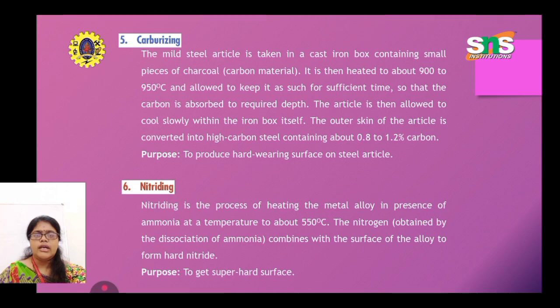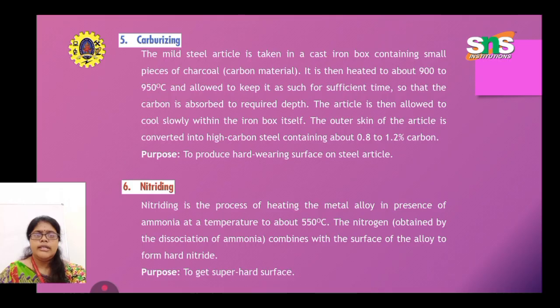After that, the article is allowed to cool within the iron box itself. The outer skin of the article is converted into high carbon steel containing about 0.8 to 1.2 percentage carbon. What's the purpose of this? It gives a hard bearing surface on the steel article.